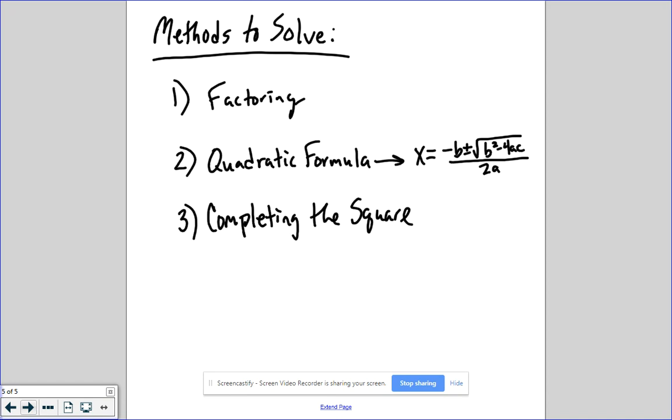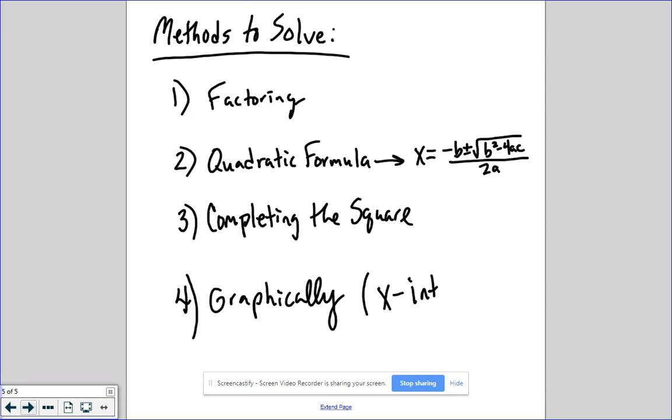And then the fourth way you can solve it is graphically. When it's asking you to solve and you're looking graphically, you're looking for x-intercepts. Where does my graph cross the x-axis? The problem with that is, do all quadratics cross the x-axis?